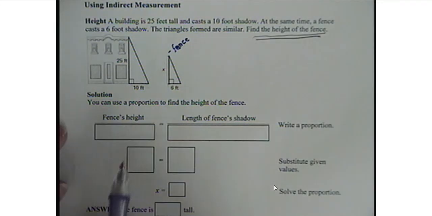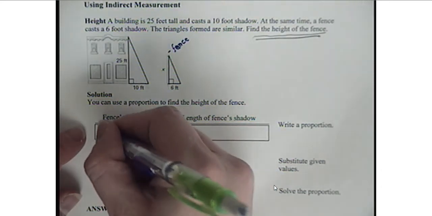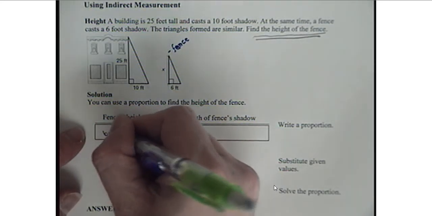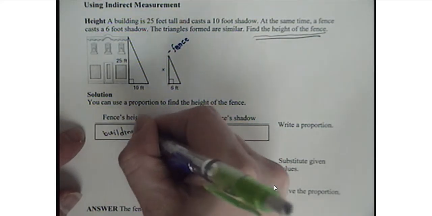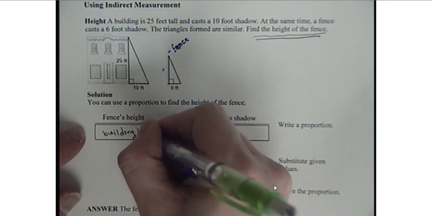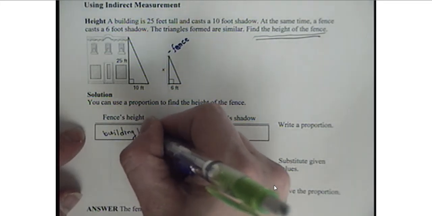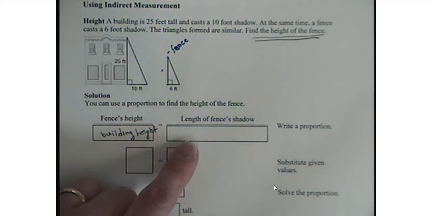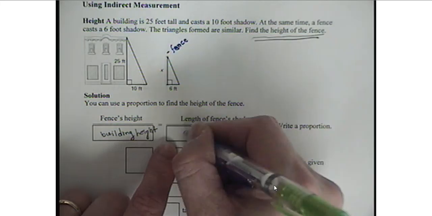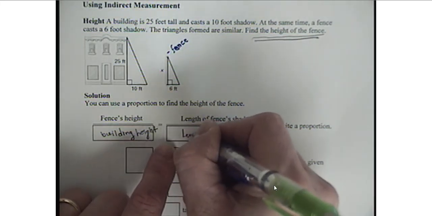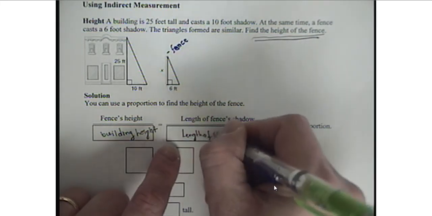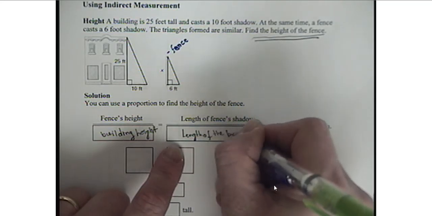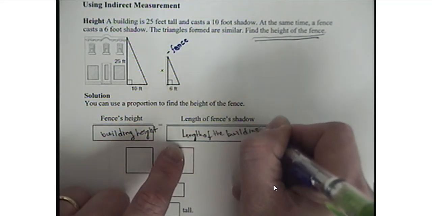So we can set the proportion fence height, this is the fence height, through the building height. So I will just put building height here. Okay, and then we have the length of the fence shadow through the length of the building shadow.